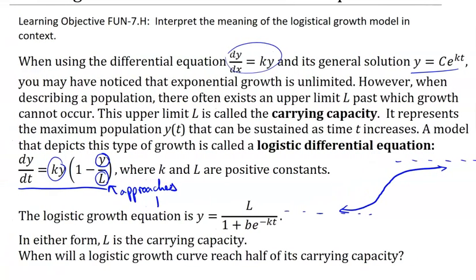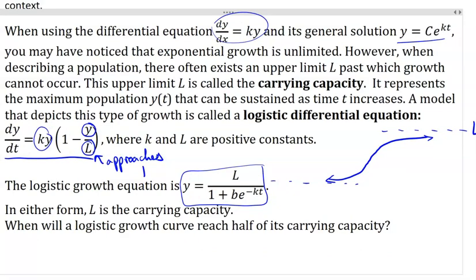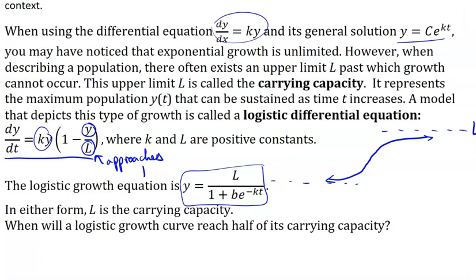The logistic growth equation that comes with this differential equation is written right here. This is never something that you are going to have to be able to solve for yourself. You'll see in an example in a minute that if we're using that, it's going to be given in the problem. If you want to try and obtain this yourself, you're welcome to do so. To solve that differential equation, we would divide everything by the y and the 1 minus y over L, and then multiply by dt.